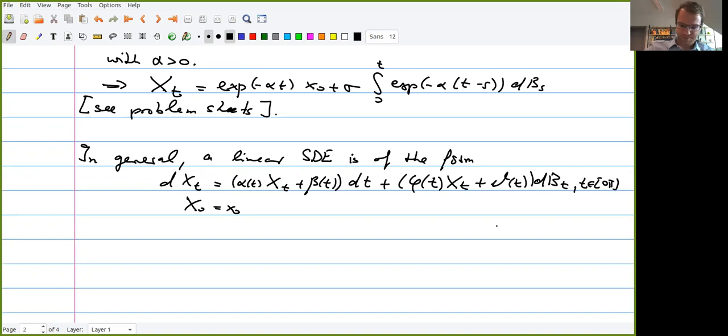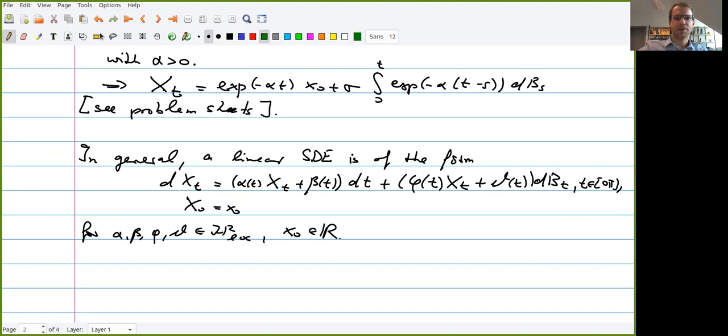All right. To have everything well defined, let us assume alpha, beta, phi, theta are in H2 loc, and x0 is a constant.